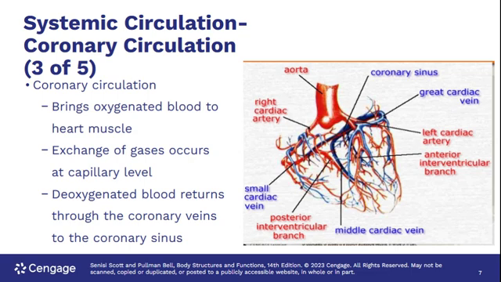That blood returns to the cardiac veins, and those veins go to the posterior coronary sinus. That posterior coronary sinus we've already talked about in the last chapter. It is basically a sinus or a hole in the posterior side of the heart, in the right atrium.